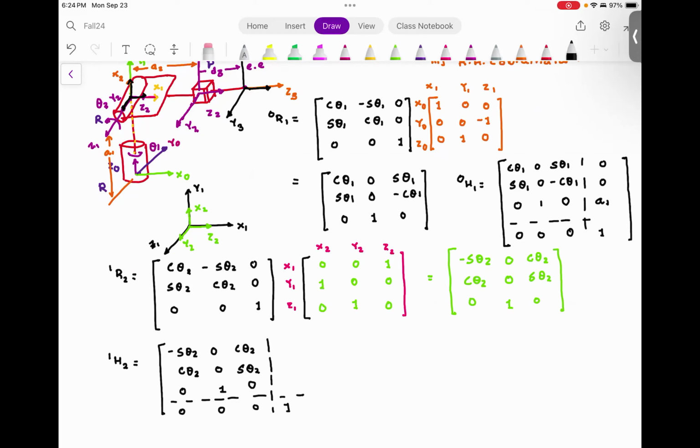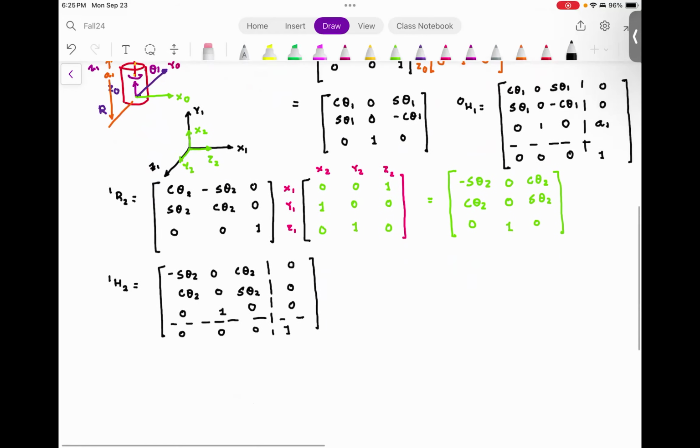Here there will be 1. And please note, in the configuration shown, X1, Y1, Z1 intersect with X2, Y2, Z2. So they are on top of each other, which means there is no relative distance between these two coordinate frames. Everyone understood this? So you have 0, 0, 0. Are you with me so far?